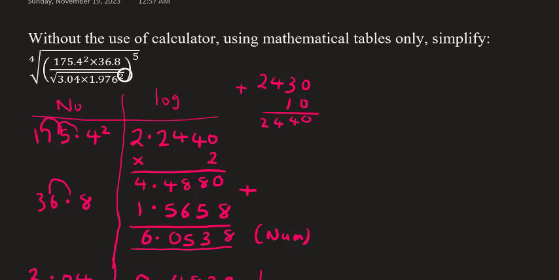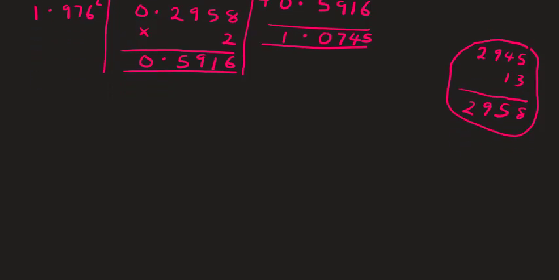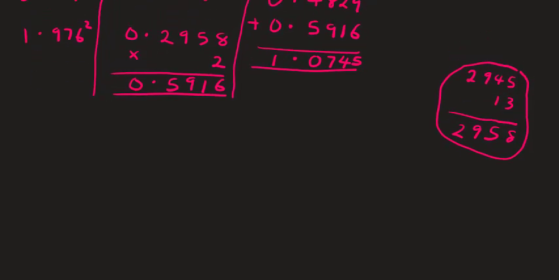Let's see what we do. Now the denominator has a square root that covers everything. So it means we are going to divide by 2, because of the square root. So this result now, which is equal to 1.0745 divided by 2. You could use calculator again to divide this. When you punch this divided by 2, calculator gives 0.53725.